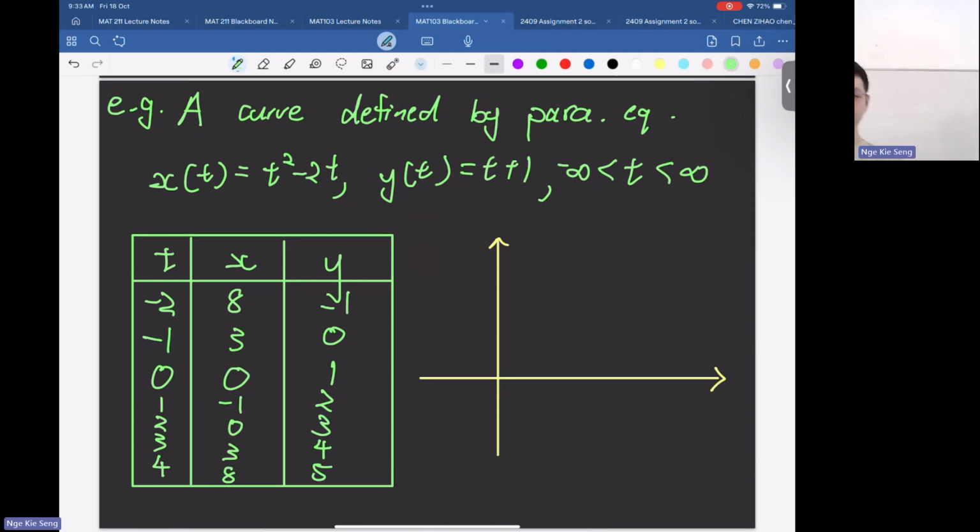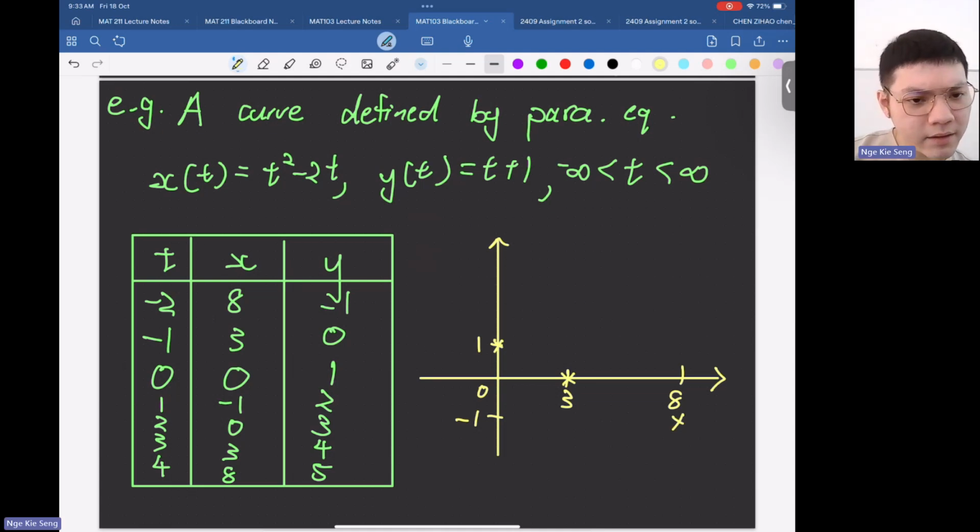So we plot these points out. When t equals -2, it is 8, -1. So 8, -1 here. When t equals -1, it is 3, 0. So we plot 3, 0 here. And then t goes to 0, which is 0, 1.